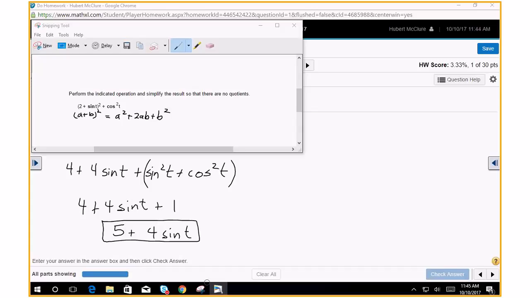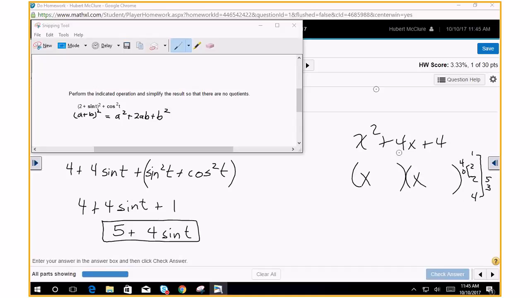Yeah. Well, reverse FOIL is when you do x squared plus 4x plus 4. You break up 4 into 1 and 4, 2 and 2. 4 and 1 will give us a 5 or a 3. 2 and 2 will give us a 4 or a 0.